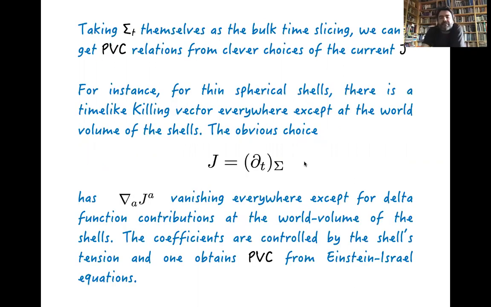Now, in the case of the spherical shells that we did explicitly, in the hard way, you can use this trick to obtain the result very easily, very, very fast, right? Because now the obvious choice for J is the time translation vector itself, which happens to be a Killing vector everywhere in space-time except at the world volume of the branes, where it jumps, okay?